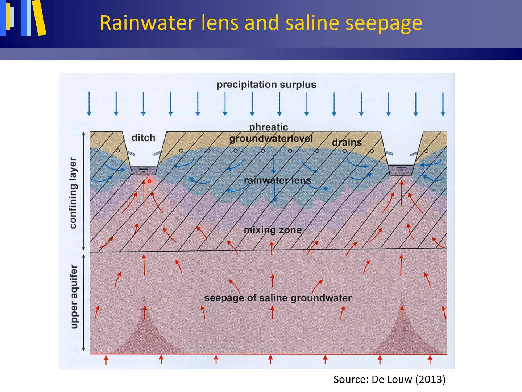A problem is upward seepage of saline groundwater that may be further enhanced by future sea level rise, as this will cause an increase in this upward seepage into our polders.